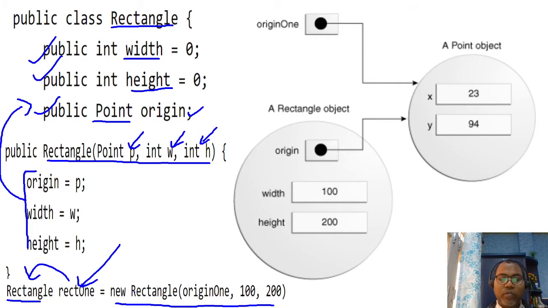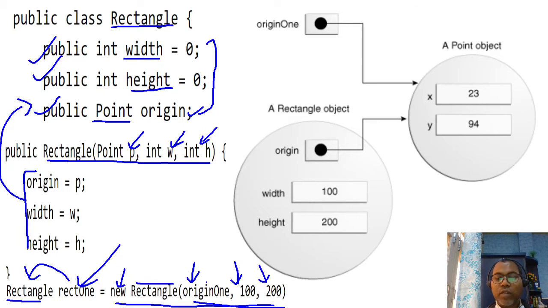Now how do we create the object? Using the new keyword we create the object. The object needs some initial values: what is the width, what is the height, and what is the origin point. That initial value you can initialize in the constructor of your object. While creating, the new keyword also invokes your constructor, and the invoked constructor takes some inputs, and those input variables are passed here.